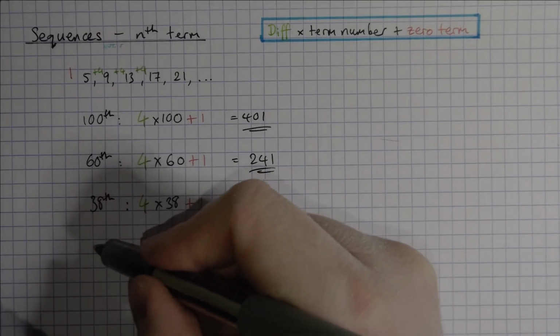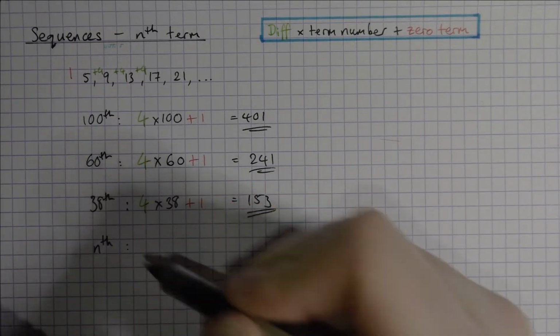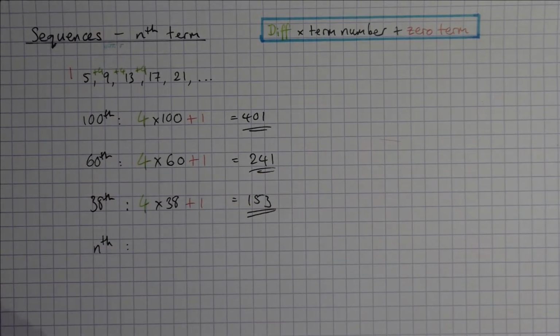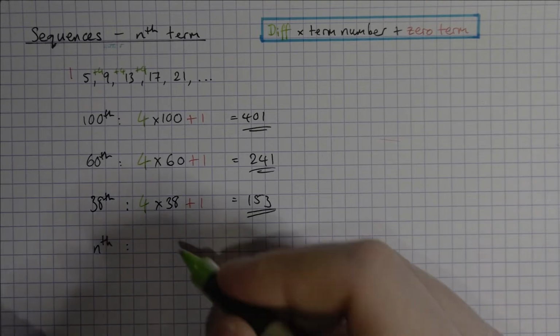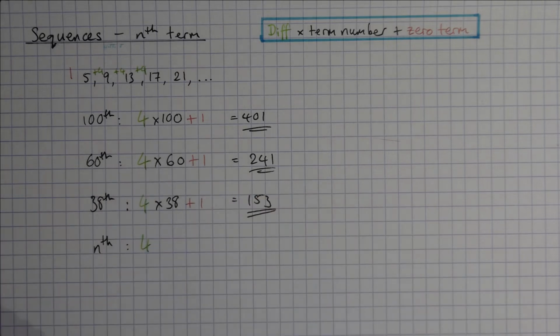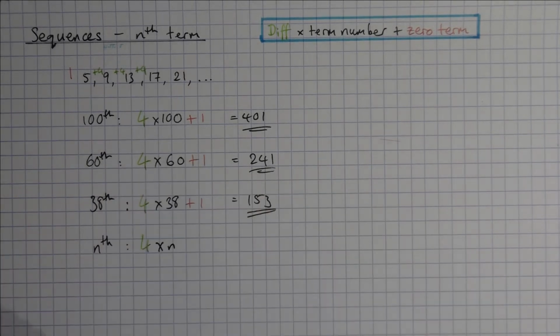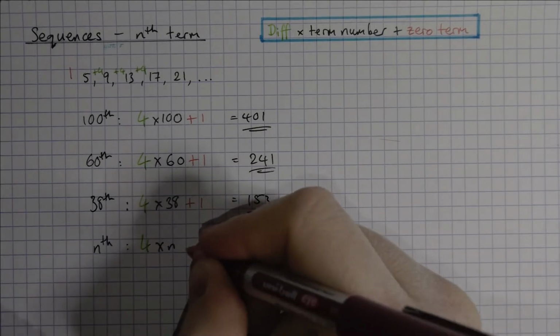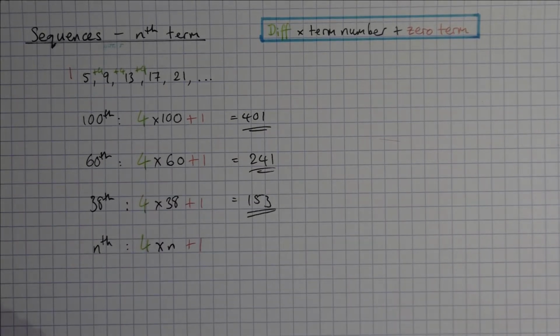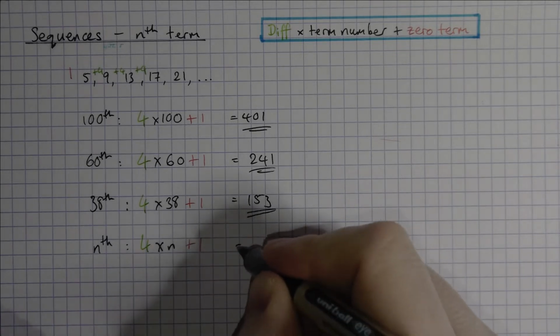I could even say, what's the nth term? It doesn't have to be a number. We know how to do algebra, so same again. So difference is 4. I want to find the nth term. Term number is n. And the 0 term is 1. Well, 4 times n is always written as 4n. You just squash the symbols together, right?